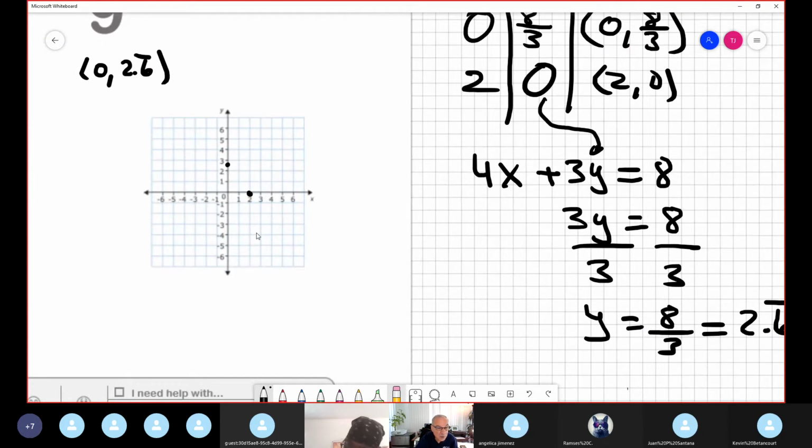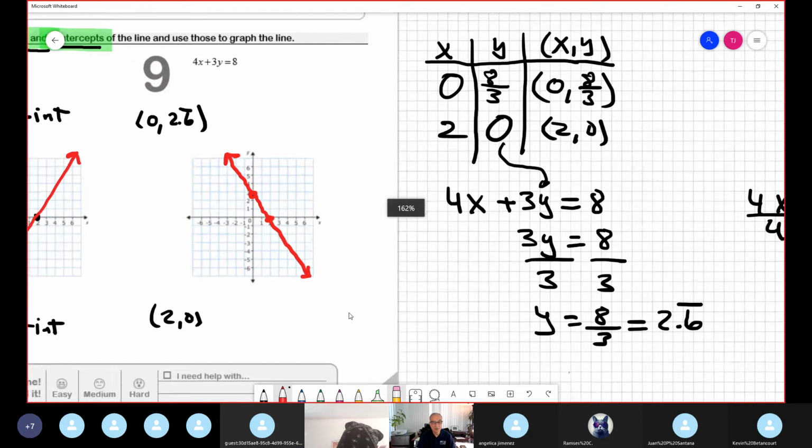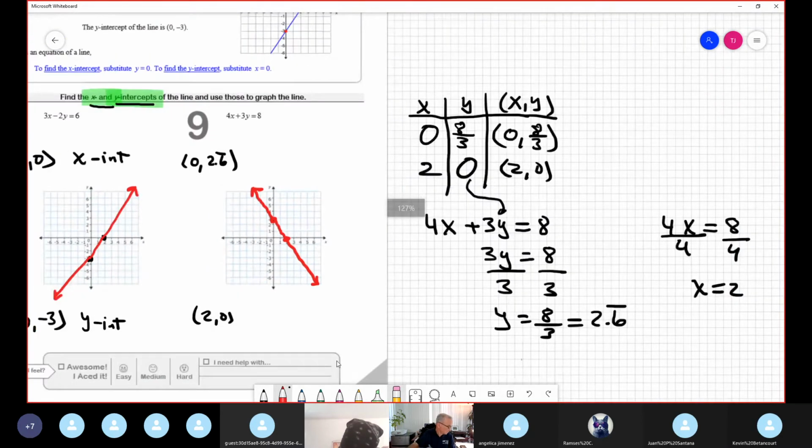Okay, this is the x-intercept, 2, 0. And the y-intercept was weird because it was a decimal. And now finally we connect. This is my line, this point and this point. Done. Graph with intercepts. Any questions?